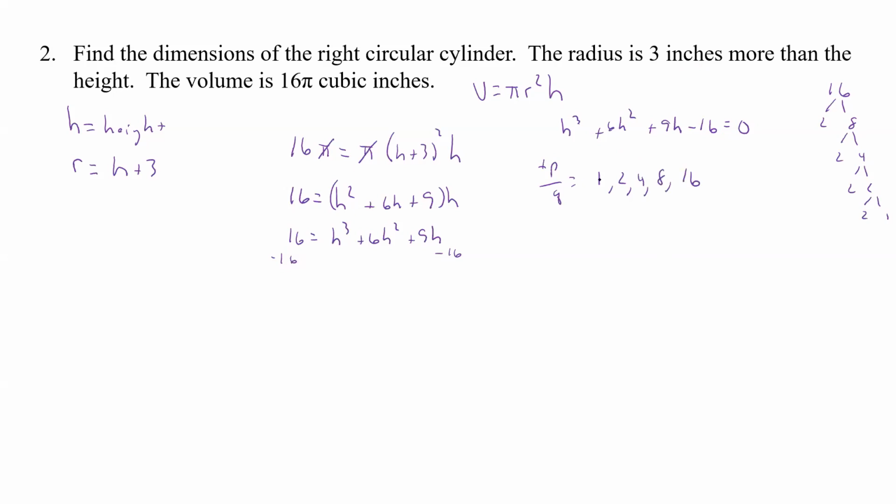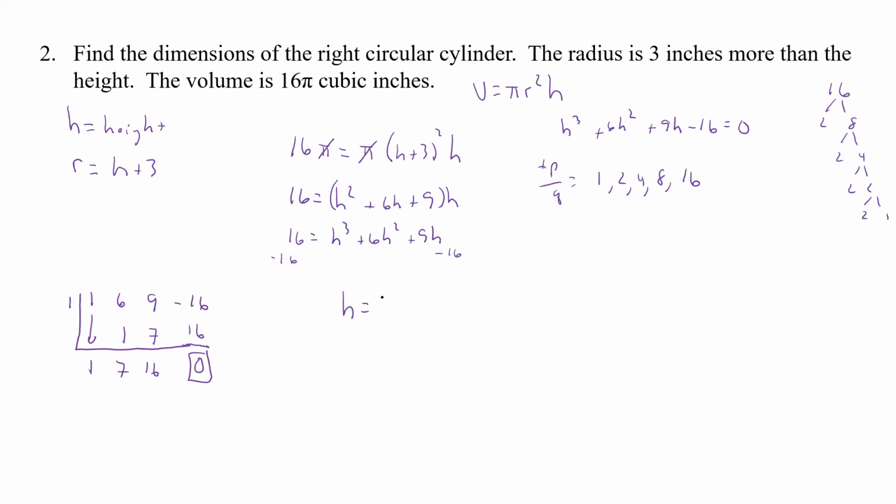Now again, I'm going to start with the 1 and work my way over. So 1, and we have a 1, we have a 6, we have a 9, and a negative 16. So 1 times 1 is 1. 6 plus 1 is 7. 1 times that is 7, 9 plus 7 is 16, 1 times that is 16, that's 0. Yay, we got done with the first one.